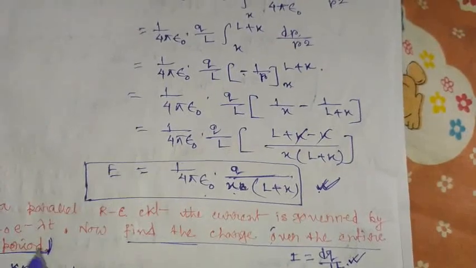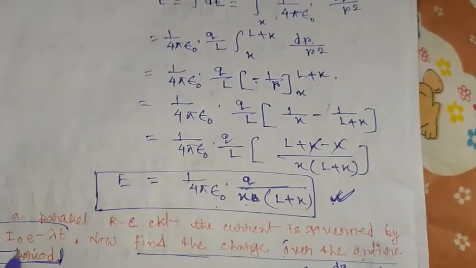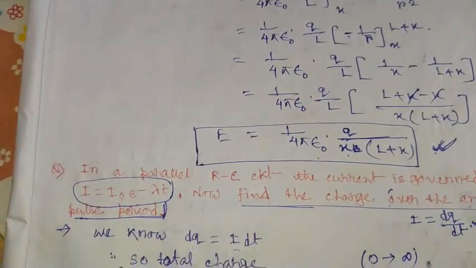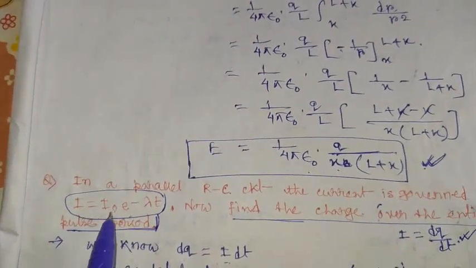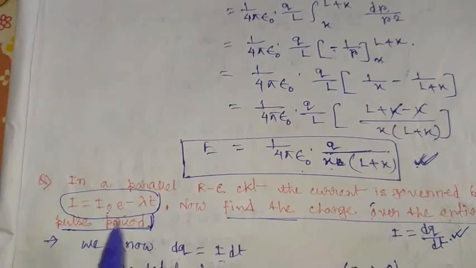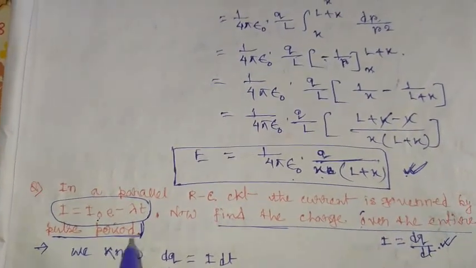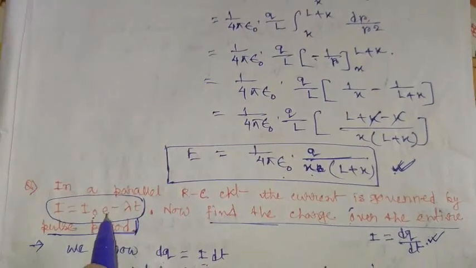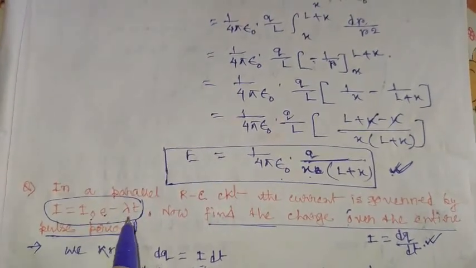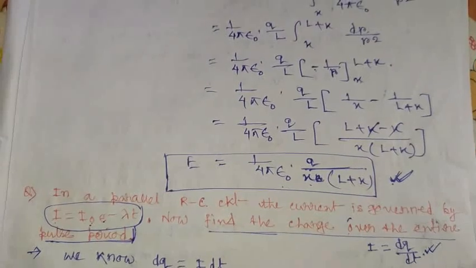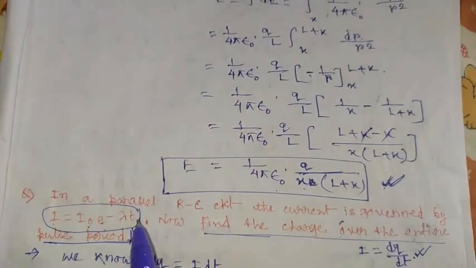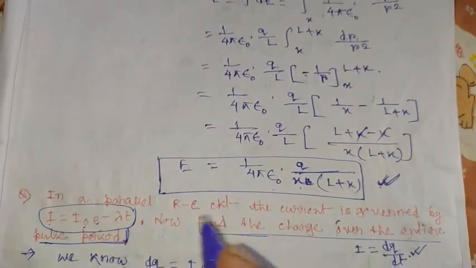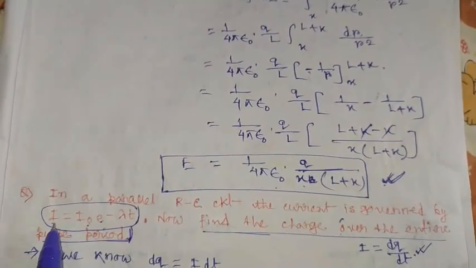If you see the relation of this current, I equals I naught e to the power minus lambda t, then if we put the value of t as infinity, e to the power minus infinity is 0. That means the current is 0 after time infinity.